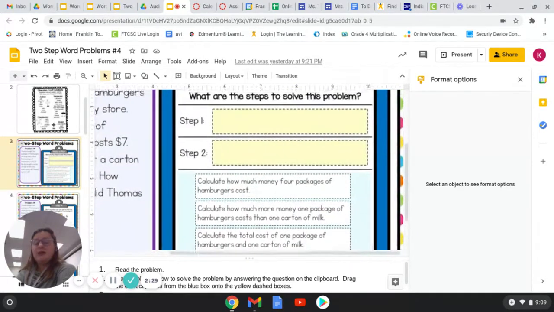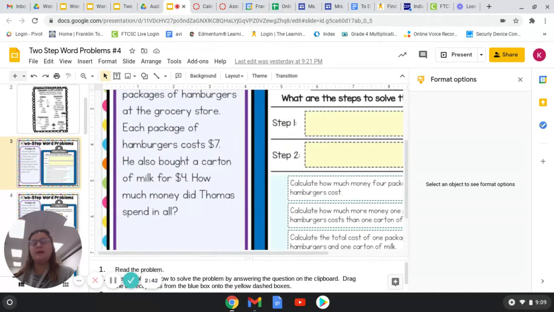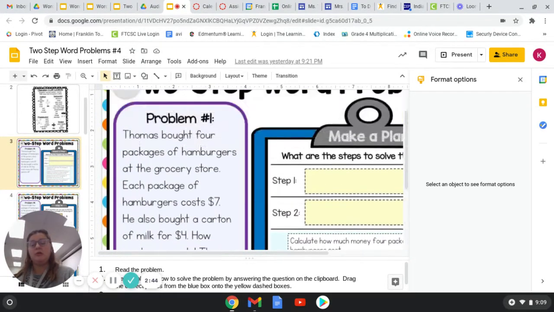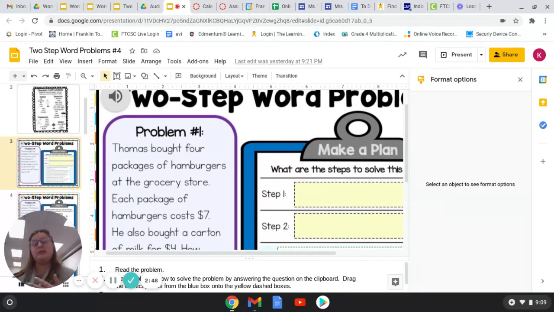Okay, so now we need to ask ourselves, what 2 steps are we going to do to solve this problem? We're trying to figure out how much money he spent in all. Well, I don't know how much money he spent on those 4 packages of hamburgers. I know how much one package cost, but he bought 4.